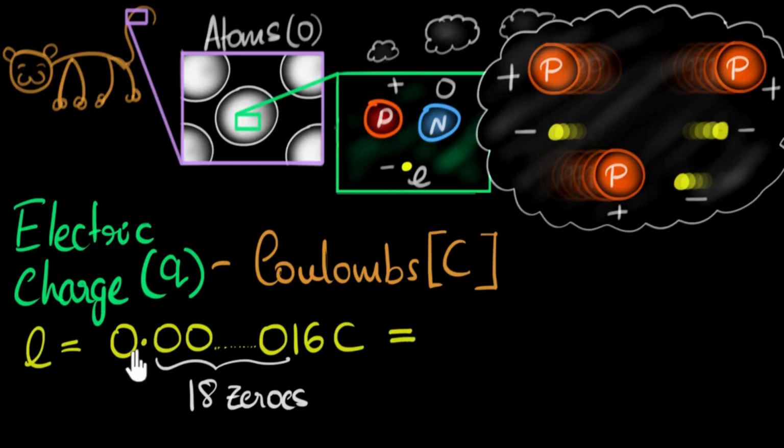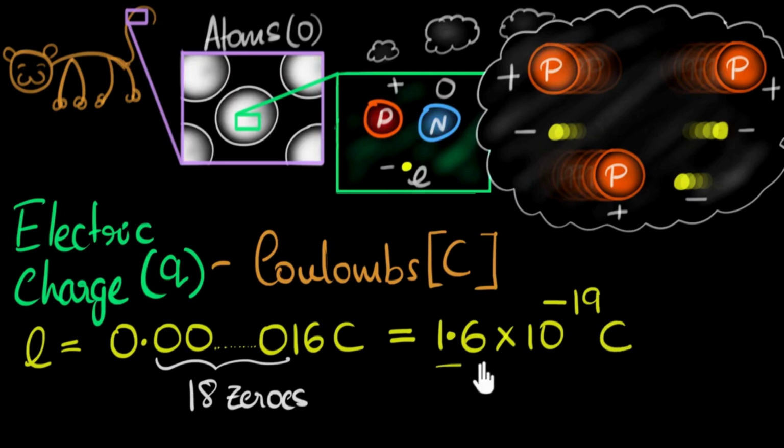So we will shift this decimal all the way till here, and we'll write it as 1.6 times 10 to the power. Now let's see how many times we have shifted it. To shift it from here to here, we shift 18 times, and then one extra shift, 19 shifts to the right, and so we'll write this as negative 19 over here. So many coulombs is the charge on an electron or a proton.